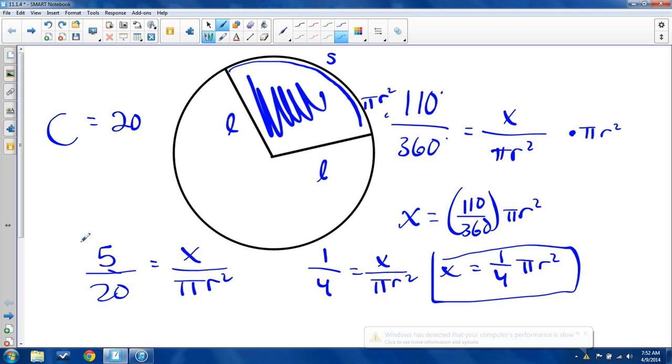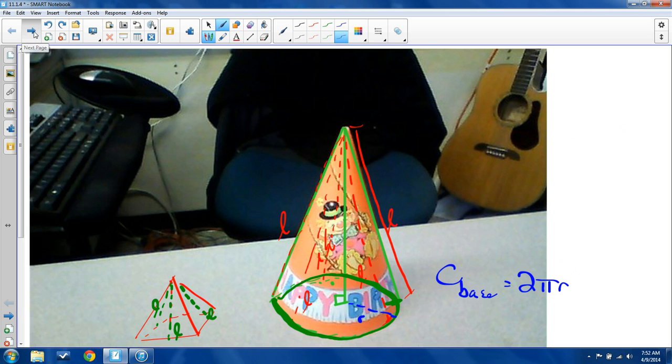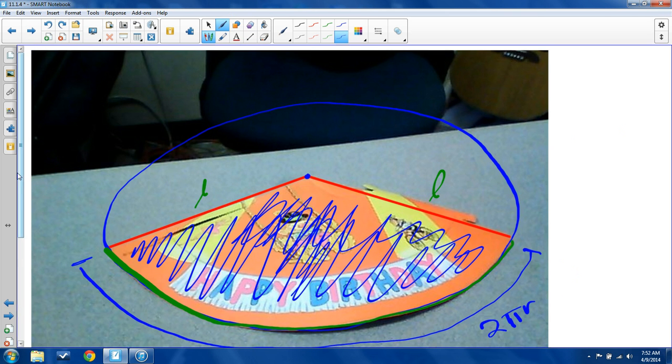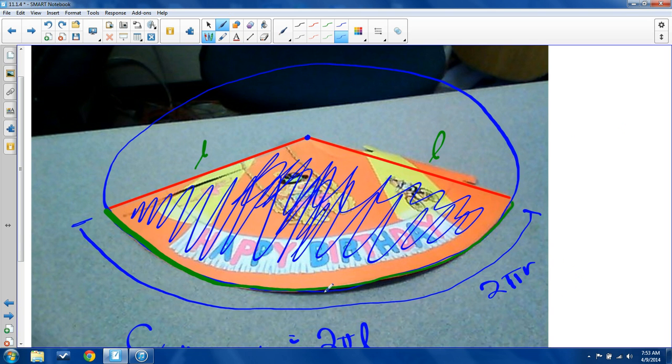I set up that proportion, and that proportion will be the equivalent to whatever proportion we have for area as well. So this area here over the area of the entire thing. If I take this length right here and divide it by the length of the entire circle, then that same proportion will give me this area out of the area of the entire circle.